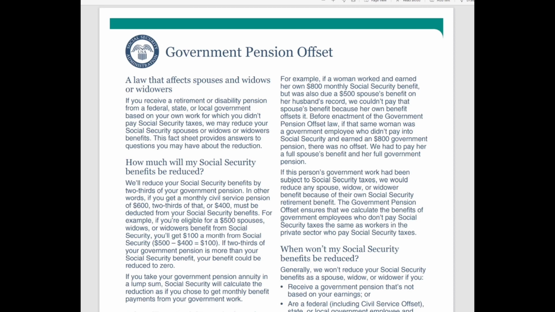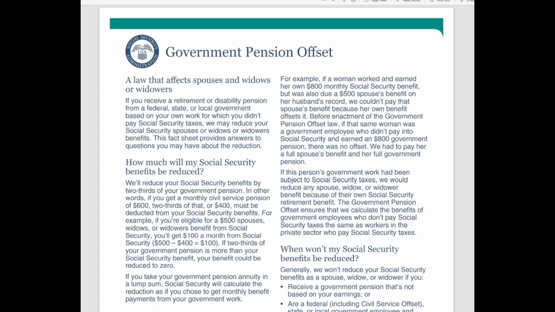So government pension offset, what is it? It's an offset used for a specific set of benefits that you file for with the Social Security Administration whenever you're eligible for a pension that's not covered under Social Security taxes.